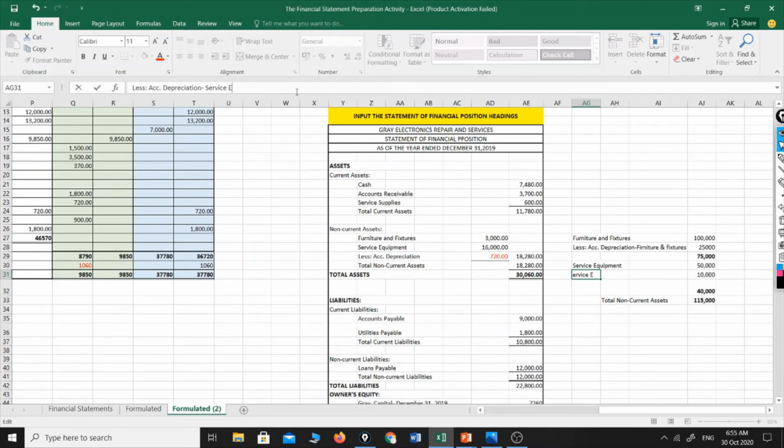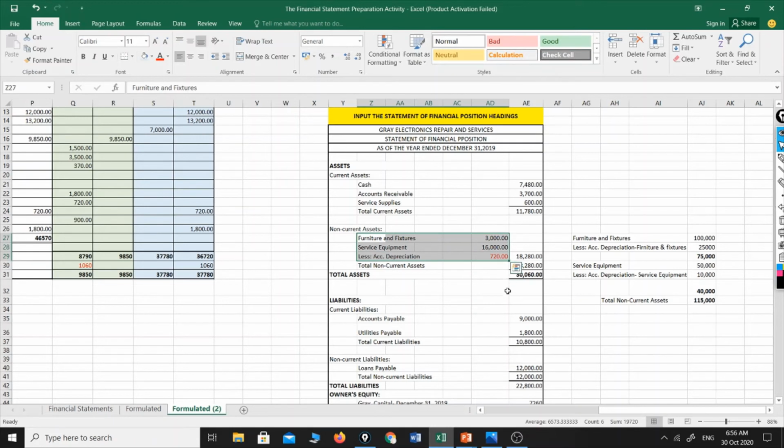But if the recording of the accumulated depreciation is general, meaning everything is combined regardless of which property it belongs to, you may directly do the presentation like this. You add everything, then deduct the accumulated depreciation. So 3,000 plus 16,000 minus 720, we came up with an amount of 18,280.